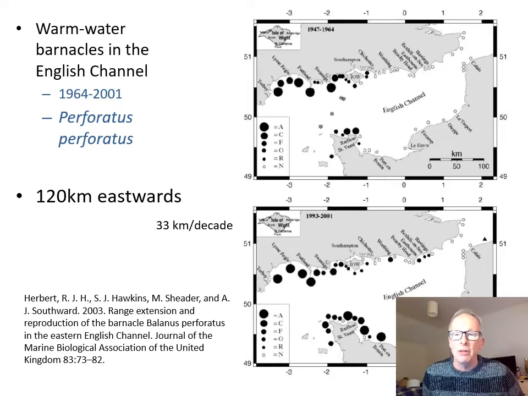In the English Channel, this purple volcano barnacle, Perforatus perforatus, extended its geographical range about 120 kilometres eastwards up the English Channel at a rate of about 33 kilometres per decade, from around the Isle of Wight in the early 60s to as far east as Hastings in the late 90s.